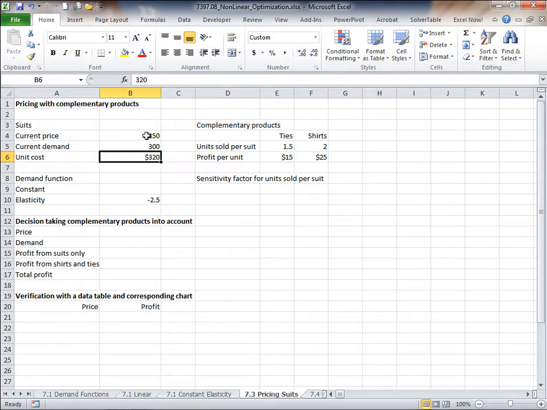All right, so this is problem 7.3 in the textbook, and it's very similar to the problem that we just worked on. We're going to create the demand functions the same way we did before. Now, you'll notice here that we only have one price and one demand value.